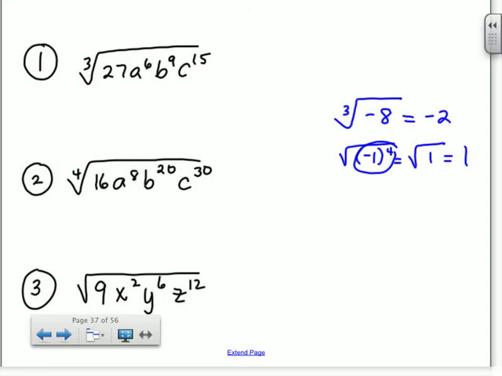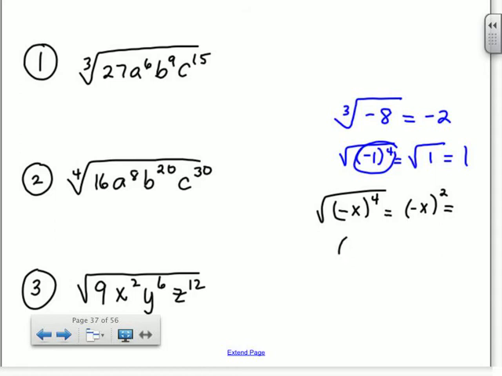So basically that means if you had negative x to the 4th and then the square root, the 4 reduces down to negative x squared, which is just going to be the same as x being squared. Or you can put it in absolute values.